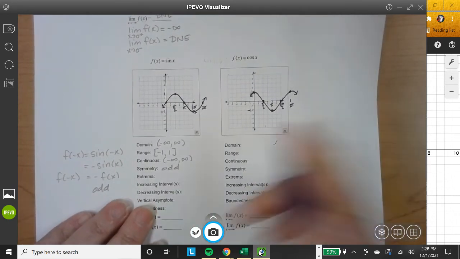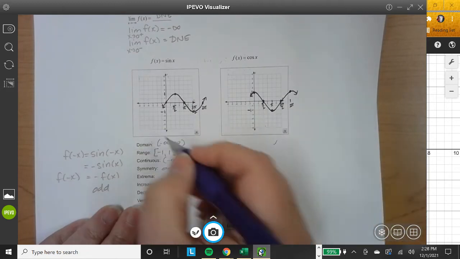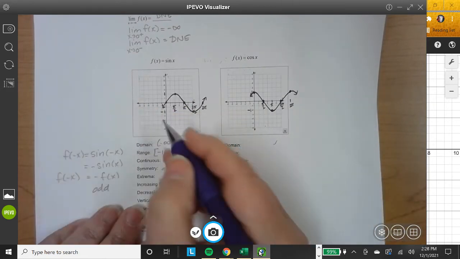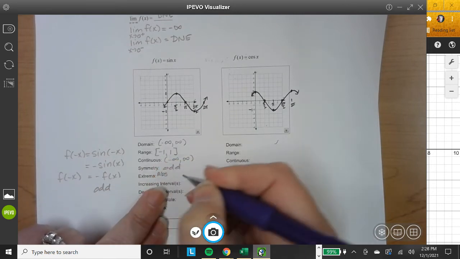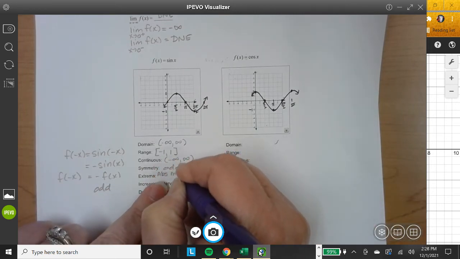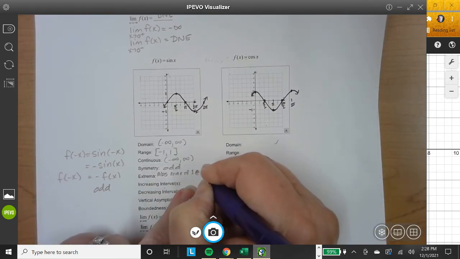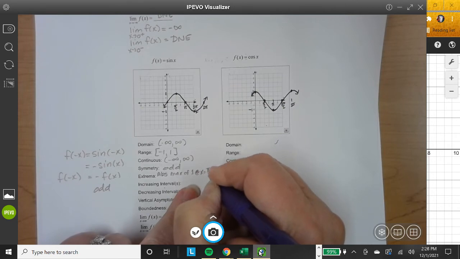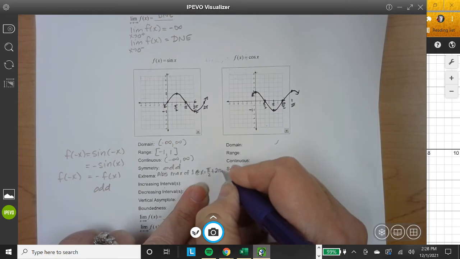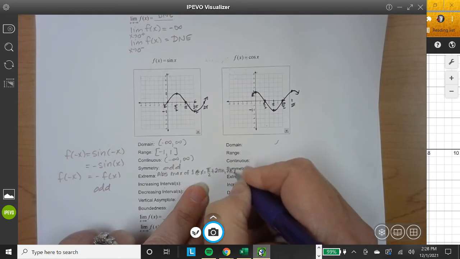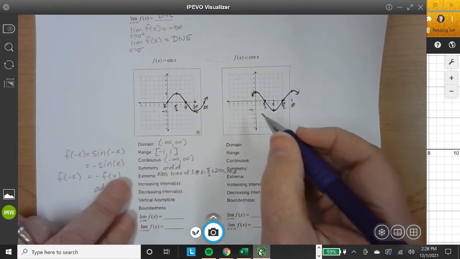Its extrema. Well, it has an absolute max, but it happens every 2 pi, right? If you can envision yourself drawing the whole function. So the extrema is going to be an absolute max of 1 at x equals pi over 2, because that's where the sine has its max, plus 2 pi n, n an element of the integer set, because every 2 pi after that, you're going to hit the 1.